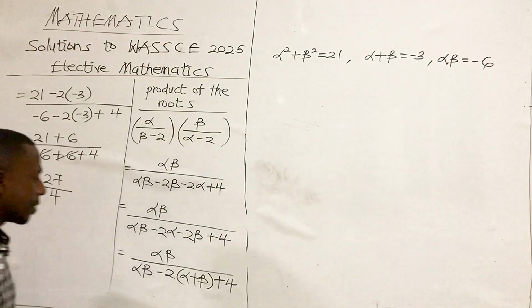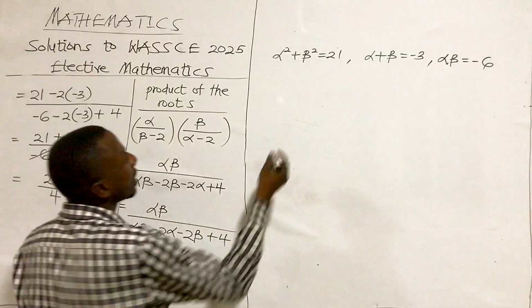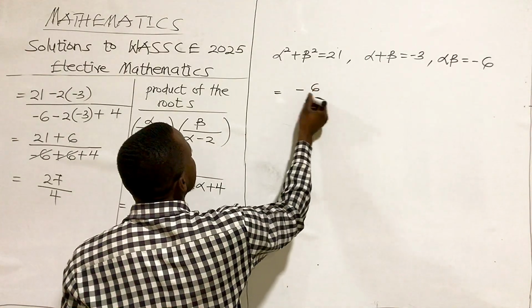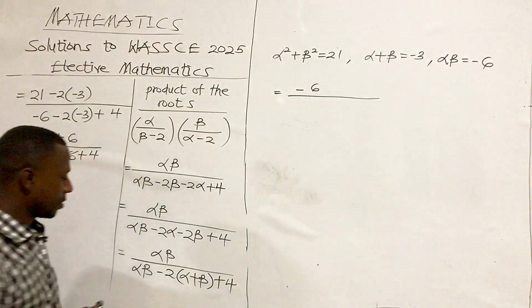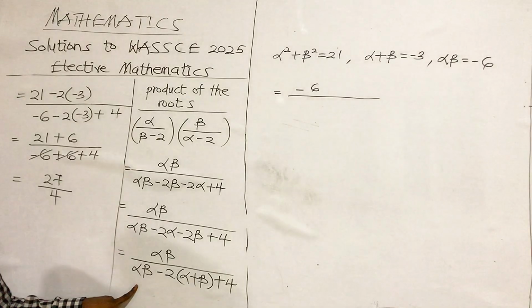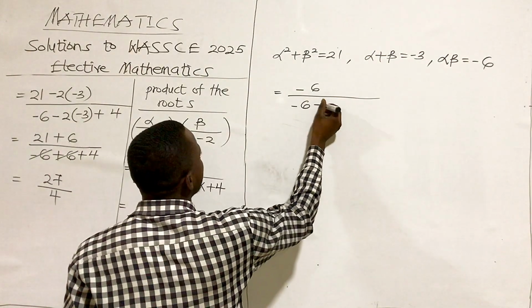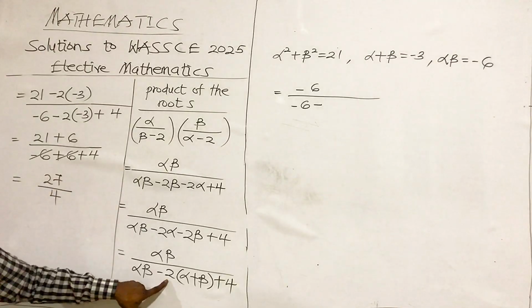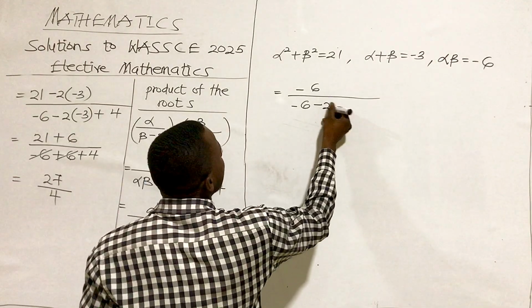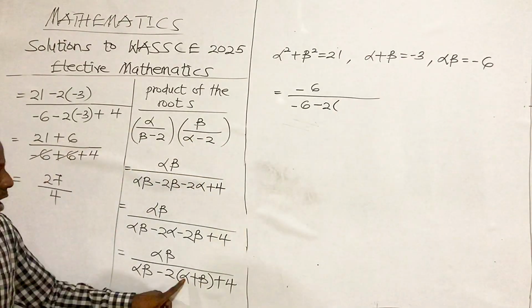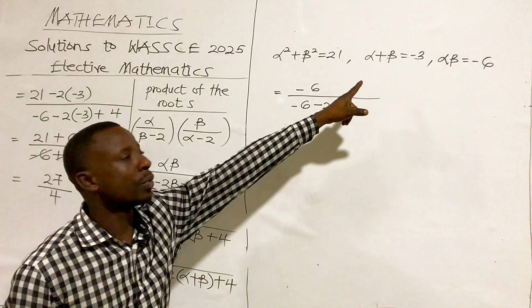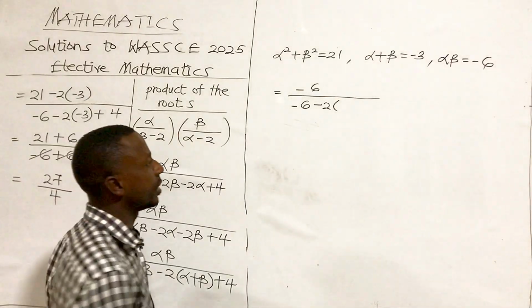So we have alpha beta to be negative 6 all over, here we also have another alpha beta, which is negative 6, minus 2 multiplying alpha plus beta, we know that it is negative 3.